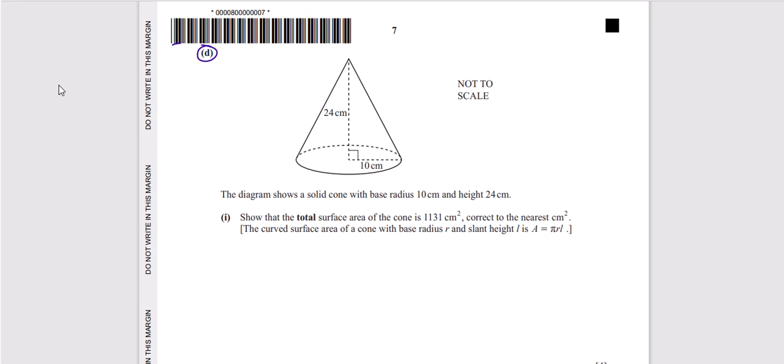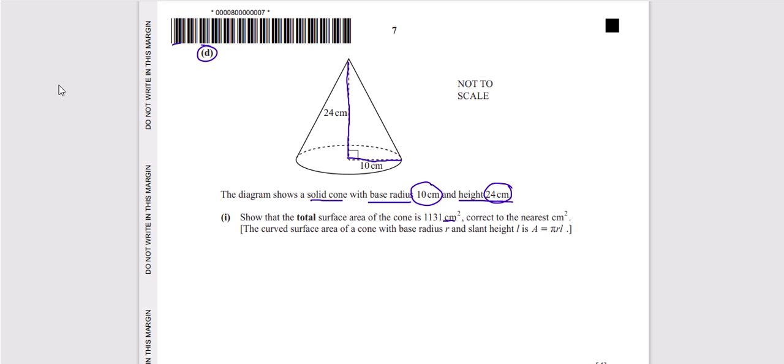Part D. The diagram shows a solid cone with a base radius of 10 centimeter and height 24 centimeter. This one is the base and this is the height. Show that the total surface area of the cone is 1131 centimeter square.